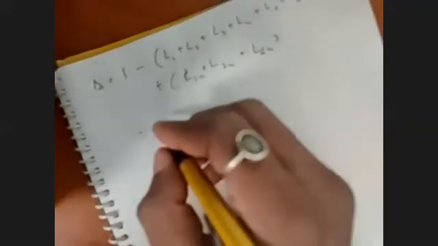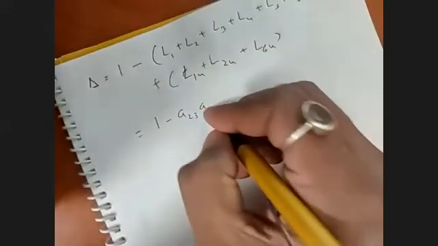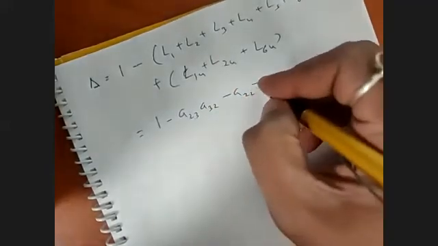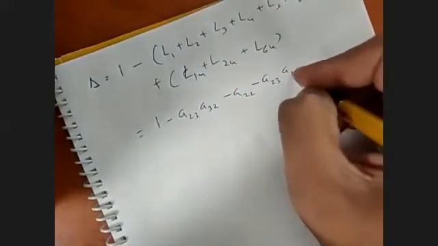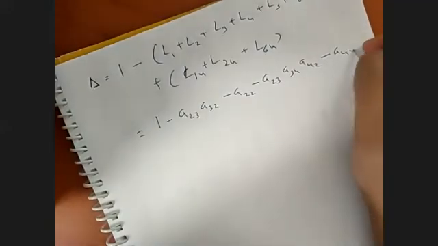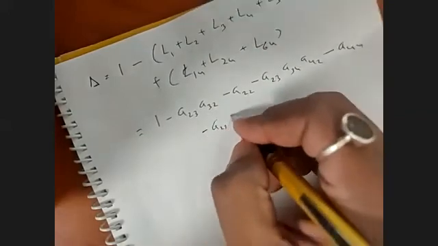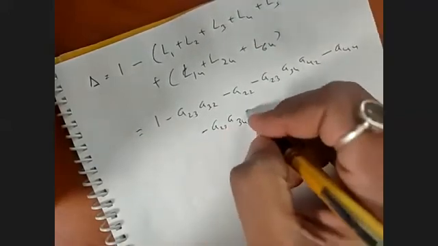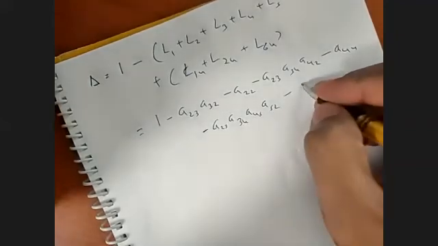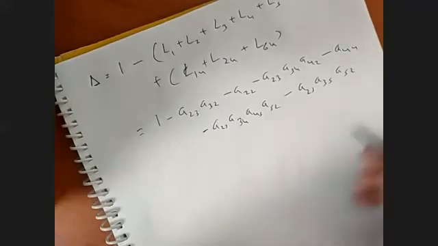So delta will come out to be 1 minus A23, A32 minus A22 minus A23, A34, A42 minus A44 minus A23, A34, A45, A52 minus A23, A35, A52.